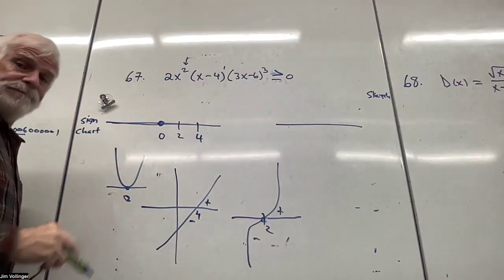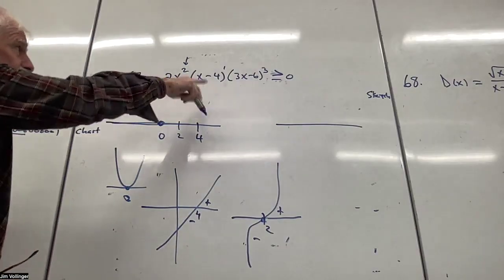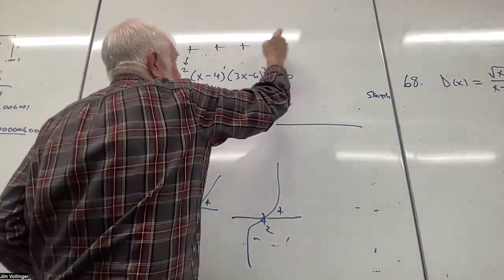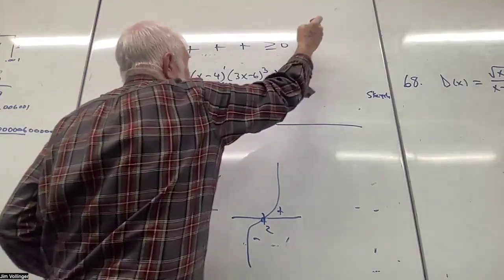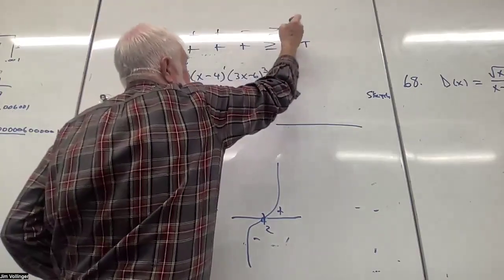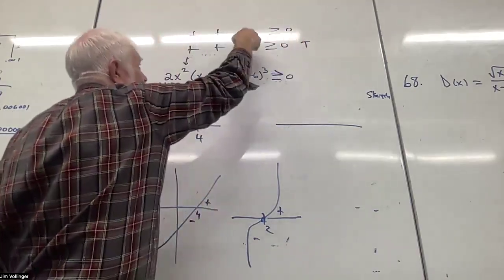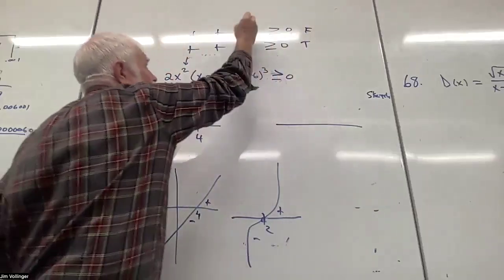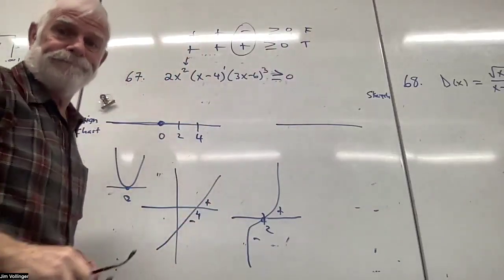No sign change. And this is a product. If I have a positive times a positive times a positive, I think I'm greater than or equal to 0. I think that's true. If one of these changes signs, is that greater than or equal to 0? If I multiply a positive times a negative, I think that's false. I got a sign change.